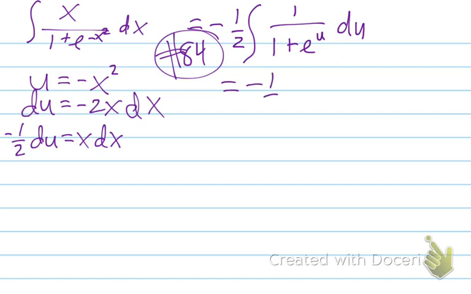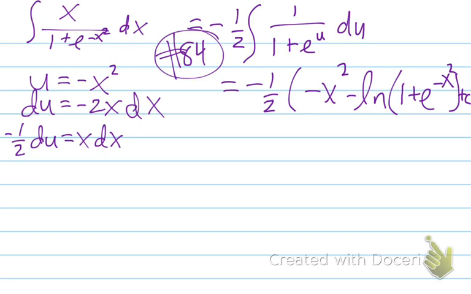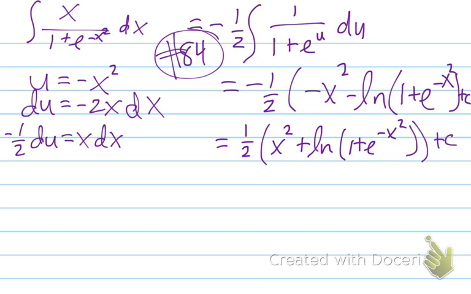So it says that this simplifies to the negative 1/2 that's out front times u, which is negative x squared, minus ln of 1 plus e to the negative x squared, e to the u, plus c. So if you just distribute that negative, since everything's already negative inside, you can make it more positive. You just get 1/2 x squared plus ln of 1 plus e to the negative x squared plus c.